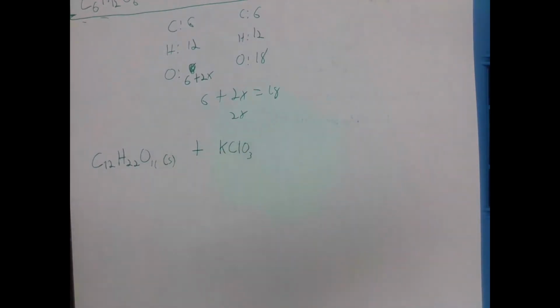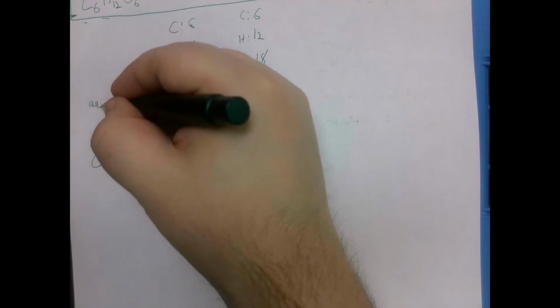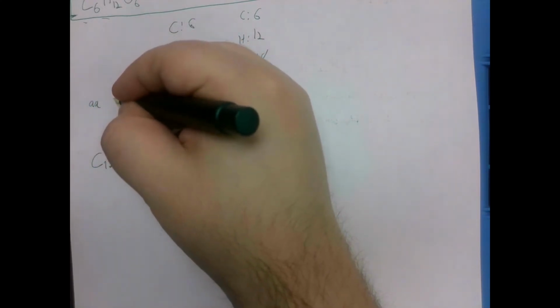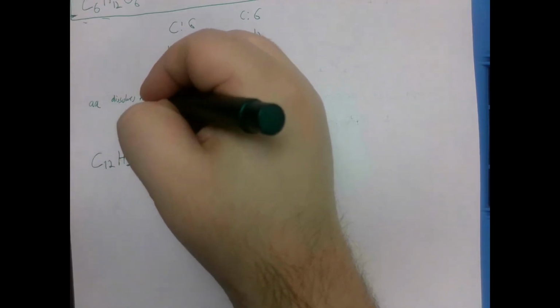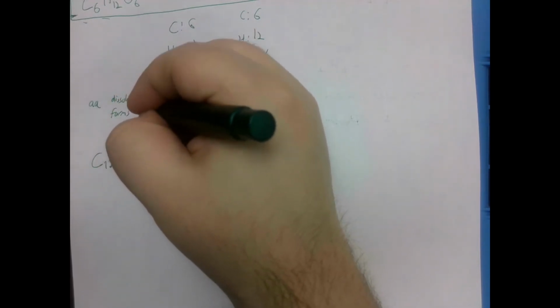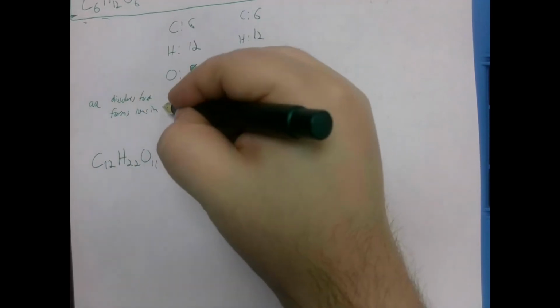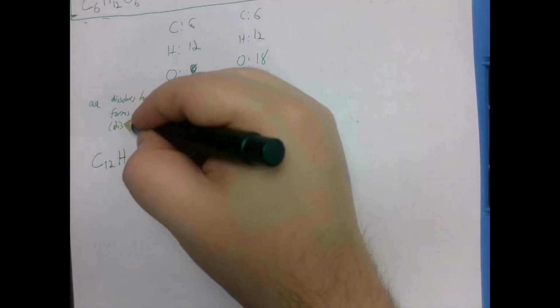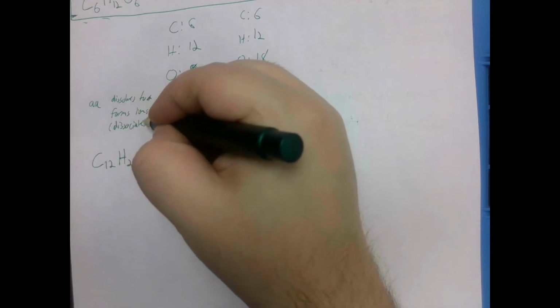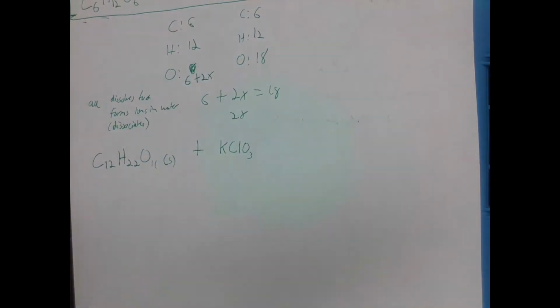It's ionic, so does it dissolve in water? And I should say this, aqueous means dissolves to form ions in water. Not just dissolves, it means dissociates into ions. The sugar, even though sugar dissolves in water, is not aqueous because it stays a sugar.